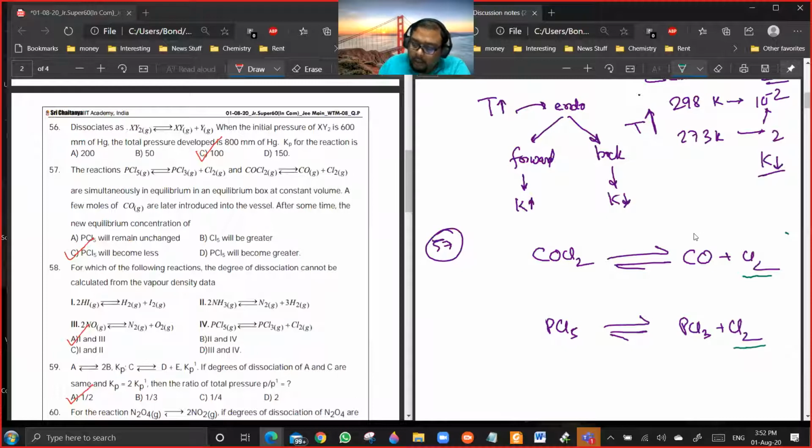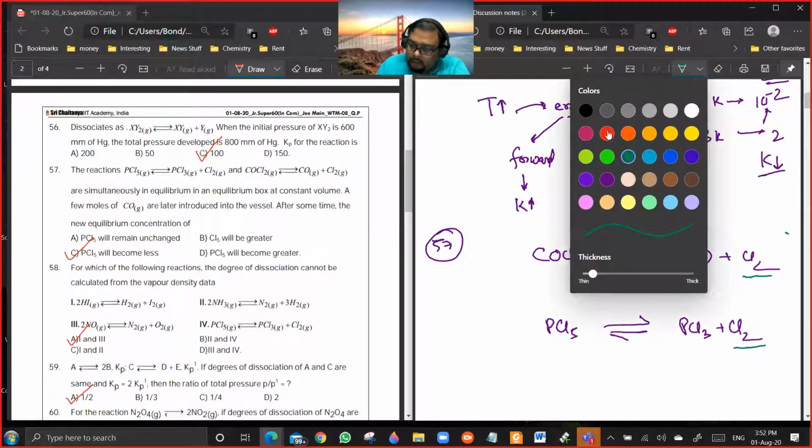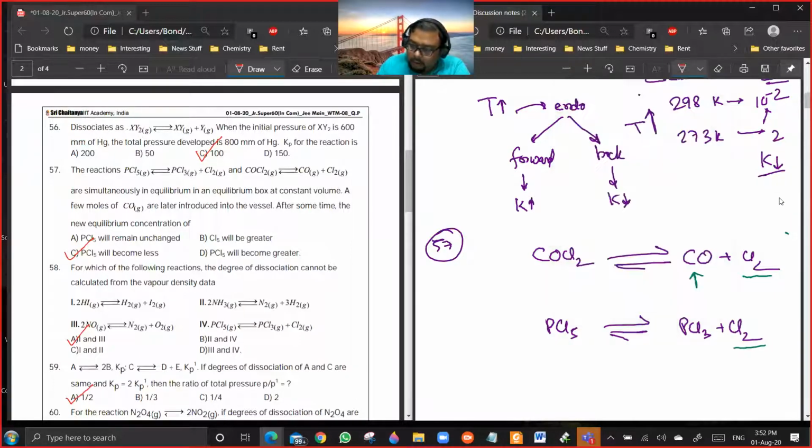So what we are doing here is increasing the concentration of CO. We have added some moles of CO into the container. Now what will happen? That I am showing by green. If you are increasing the concentration of CO, the system will try to remove that extra CO which you have added. So it will go in which direction? Backward direction?